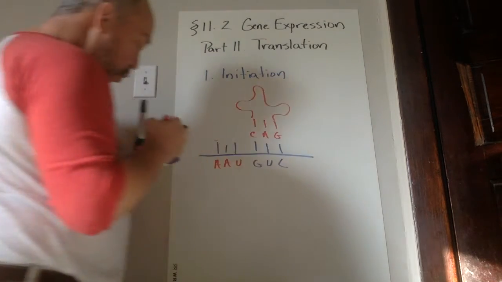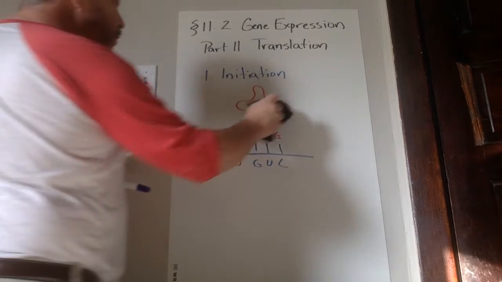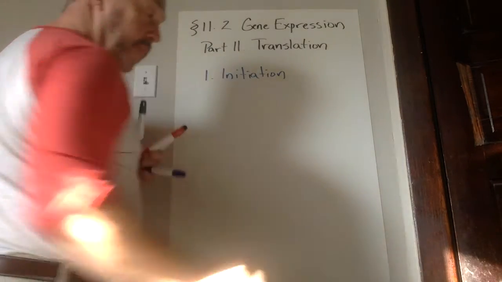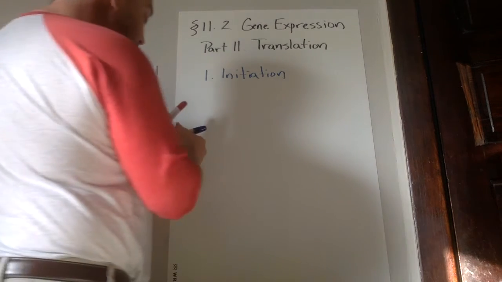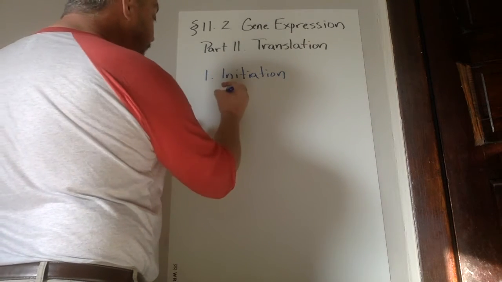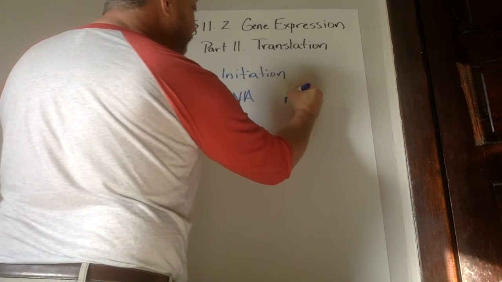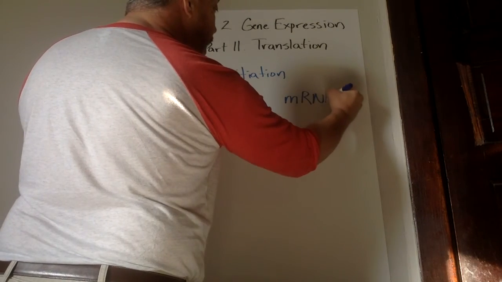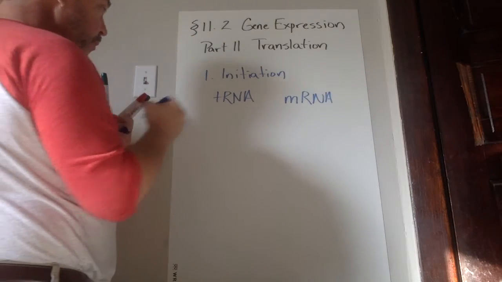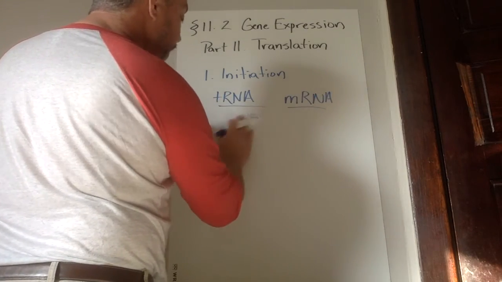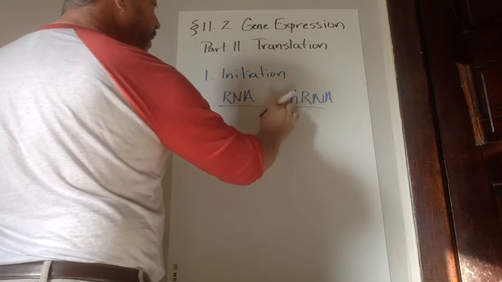So the rules for how RNAs line up are going to be a little bit different than DNA. But if you have tRNA, it has to be complementary to the mRNA, so probably put the M here and the T here.